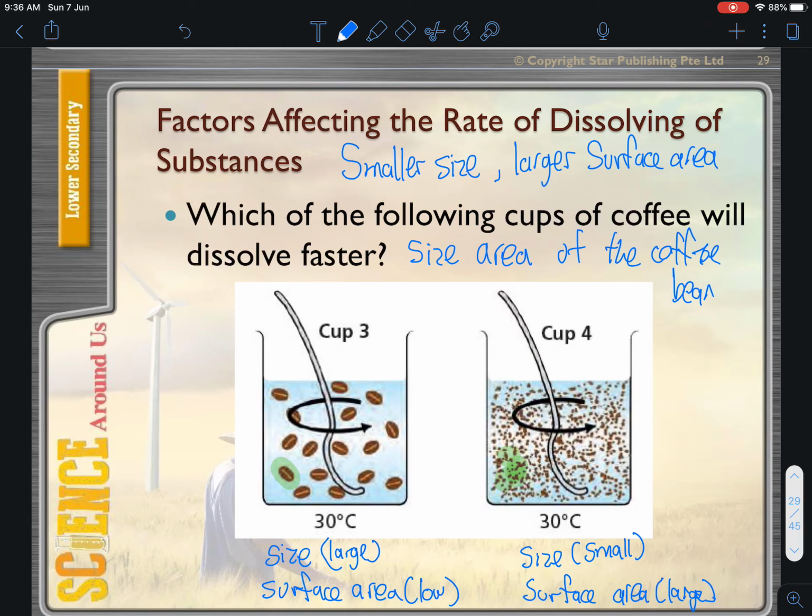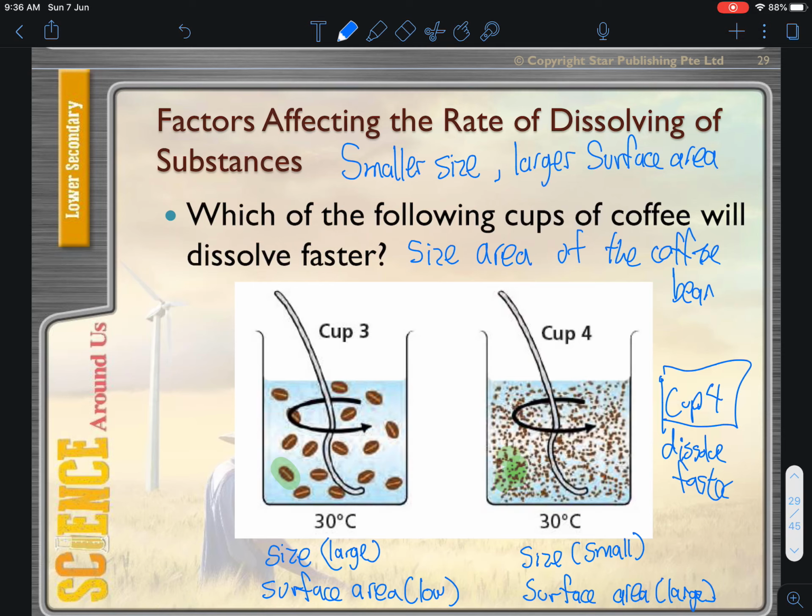Of course, it will be cup 4. Why does cup 4 dissolve faster? It's because of the increased exposure of surface area interacting with the water molecules. And when you stir it, it will dissolve even faster as compared to having a smaller surface area.